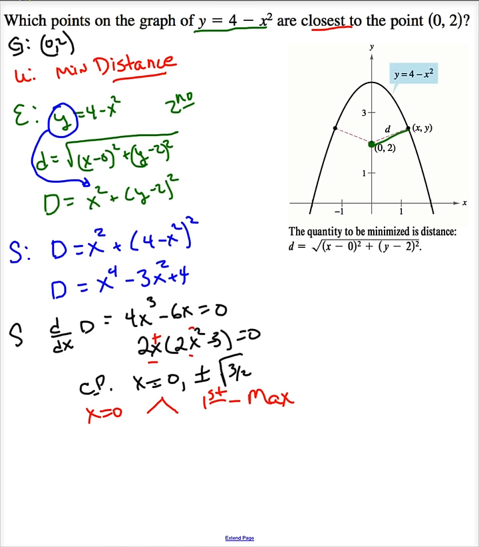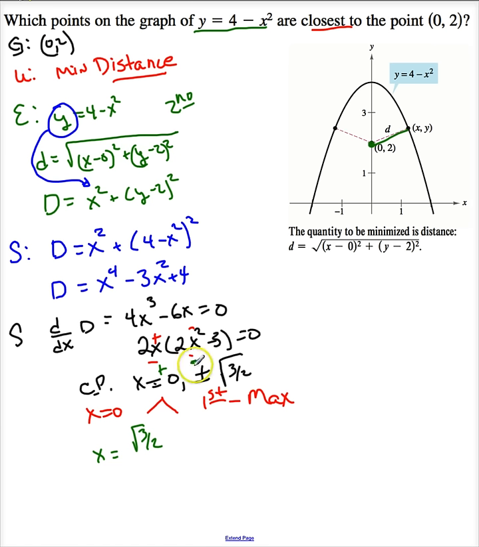Now let's check x equal to the square root of 3 over 2. And so if x is to the left of the square root of 3 over 2, say between 0 and the square root of 3 over 2, this is positive, and this number right here is negative.